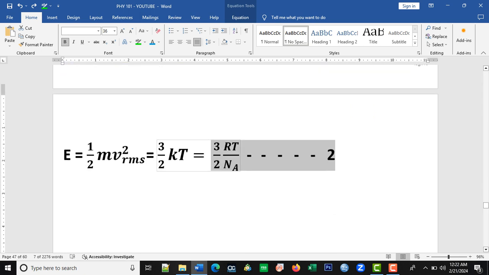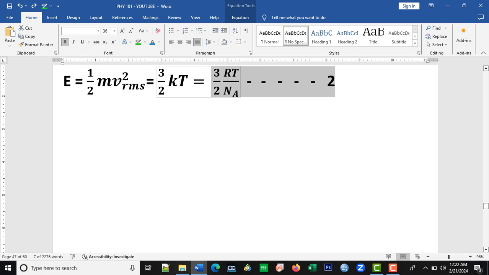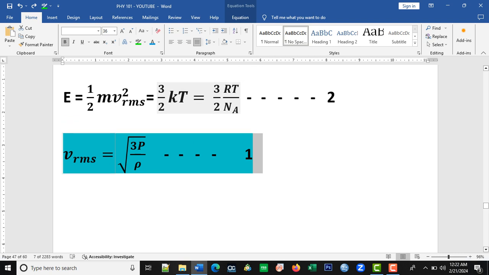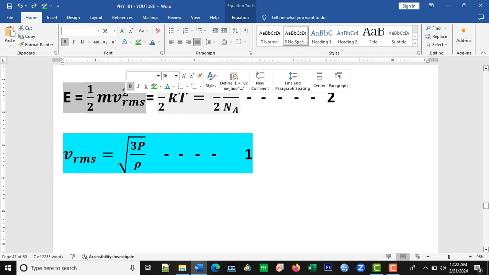But in our first example, if you can recall, we used this expression, equation 1, to solve for the root mean square velocity. Okay, so you now see that with the help of this equation 1, we would be able to estimate the velocity of the gas as well. So looking at that, it means we should go with this first expression.